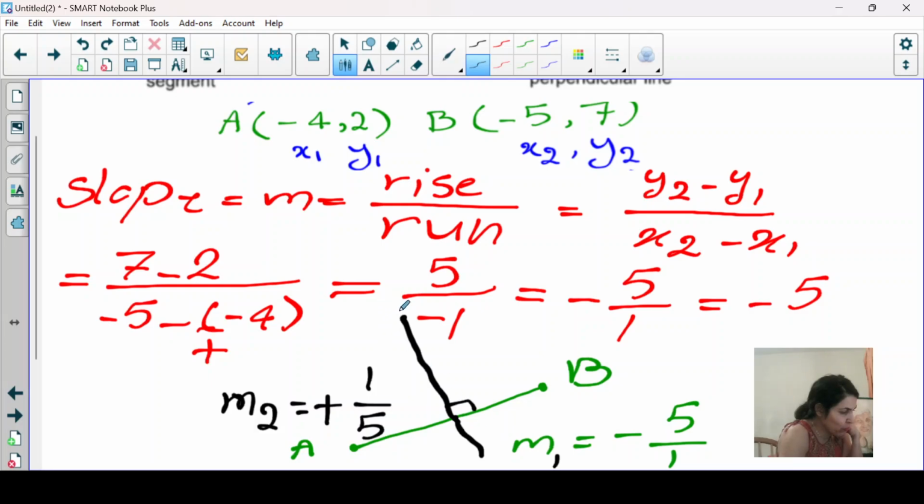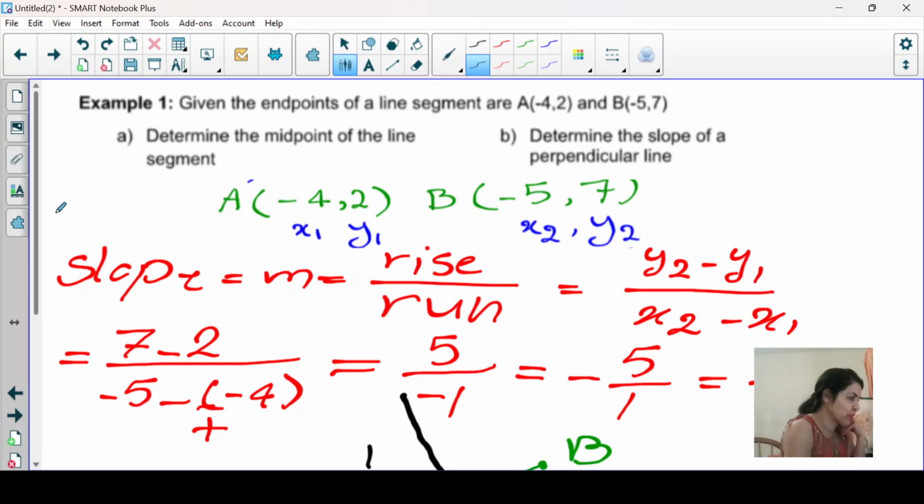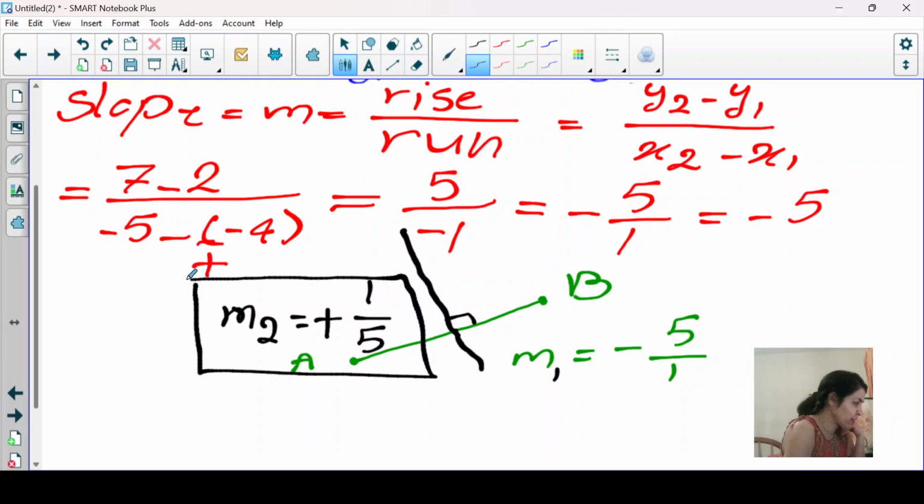So the slope of the perpendicular line is 1 over 5. This is the answer for part B.